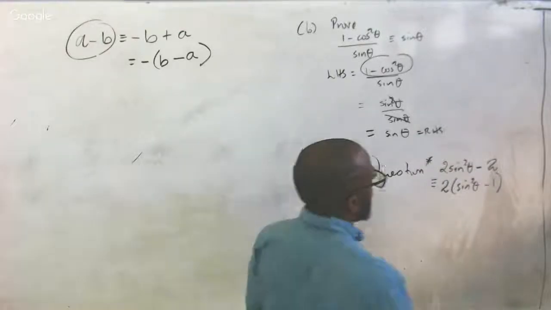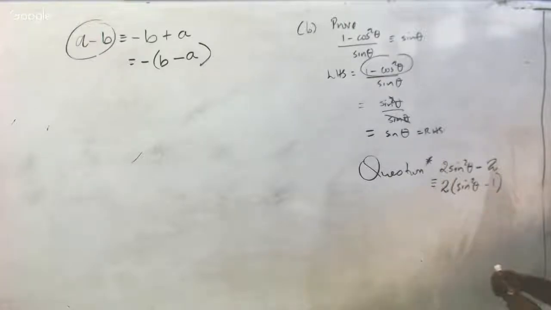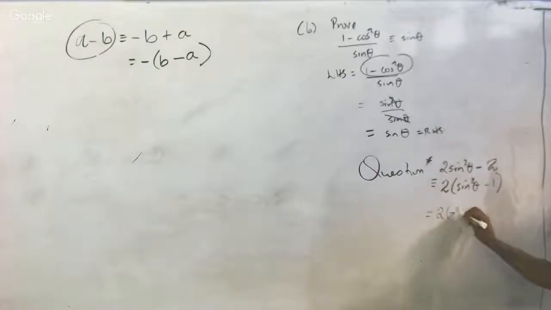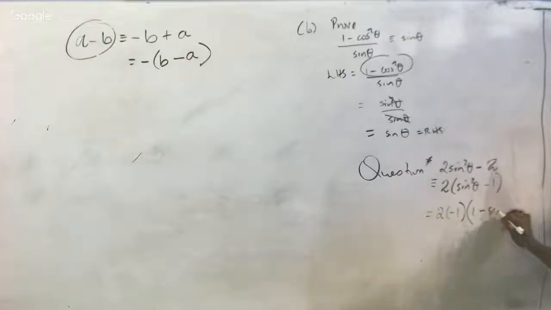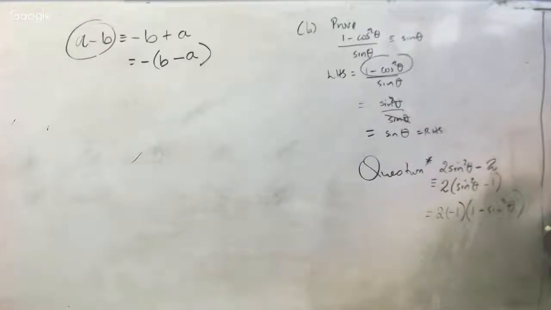So here, when I recognize this, all I would have done was to say 2 times a negative 1 times 1 minus sine squared of theta. Can you see that? Because I wanted to flip this around. But in order to flip it around, we know that subtraction is not commutative. Remember that? We did commutative in this class?